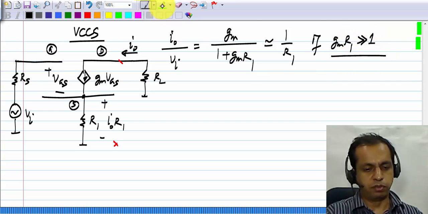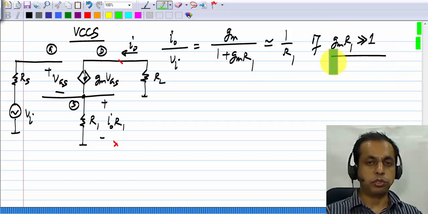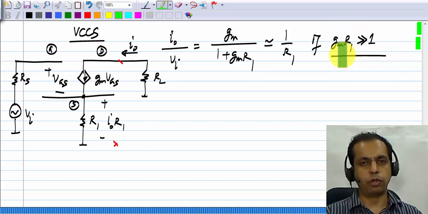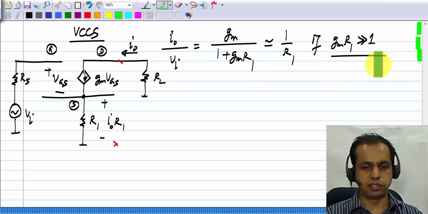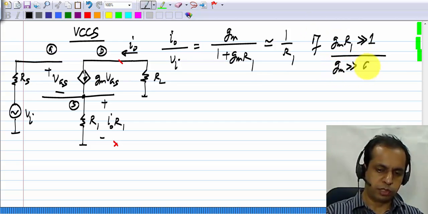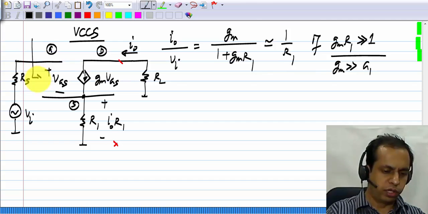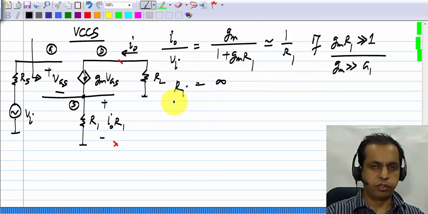And in fact, GM R1 being much more than 1 is a criterion that you use to choose GM. Okay, if you have a certain value of R1, a certain transconductance G1 that you want to realize, then you make GM much more than that transconductance G1.